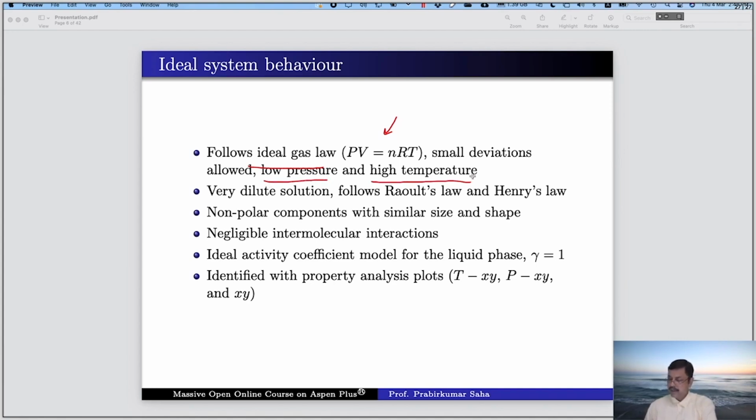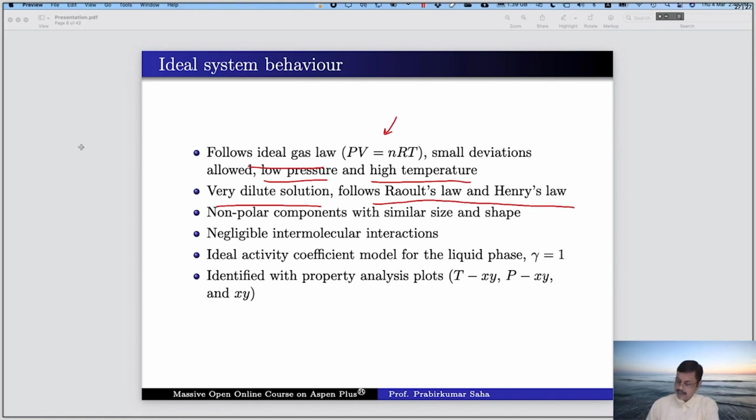Similarly, in the liquid case, the ideal solution should be a very dilute solution, and it will follow Raoult's law and Henry's law. Now, yesterday we already discussed what Henry's law is.